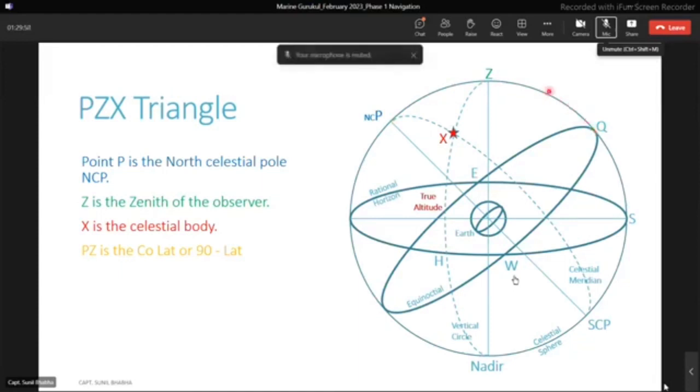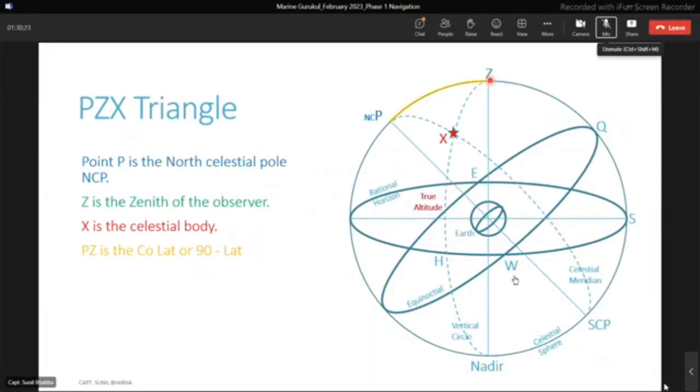So P to Q is 90 degrees. Z to Q is the latitude of the observer, and this tells us that P to Z, this side of the PZX triangle, will be 90 minus latitude of the observer.